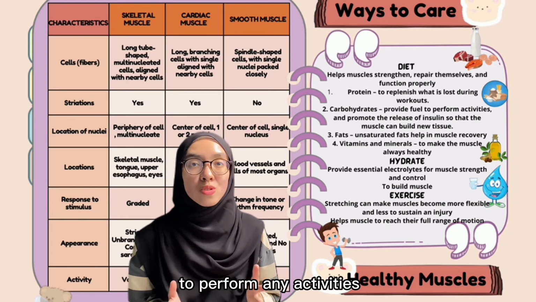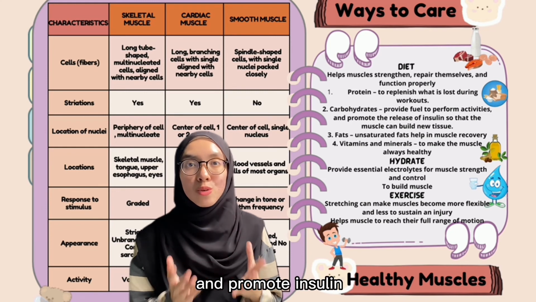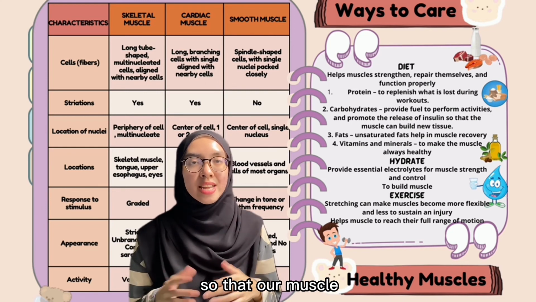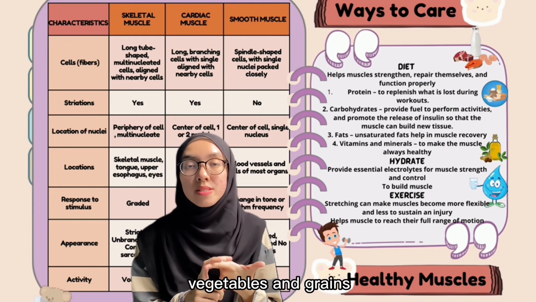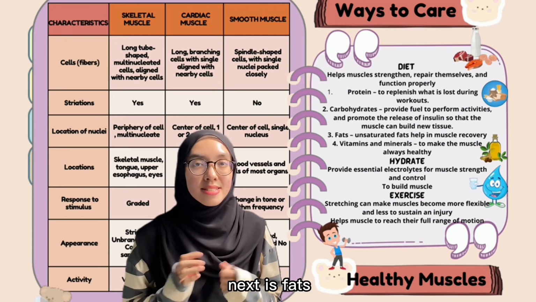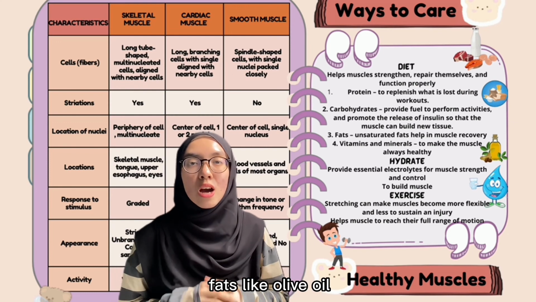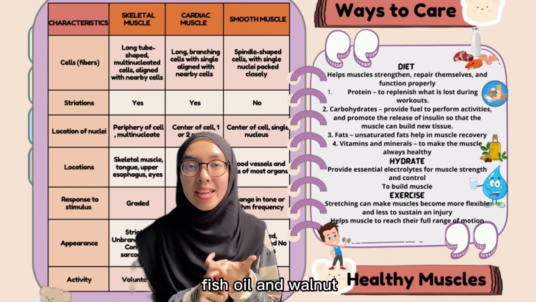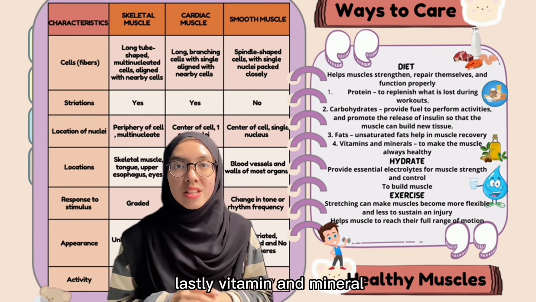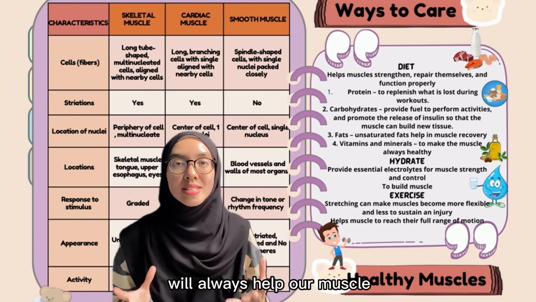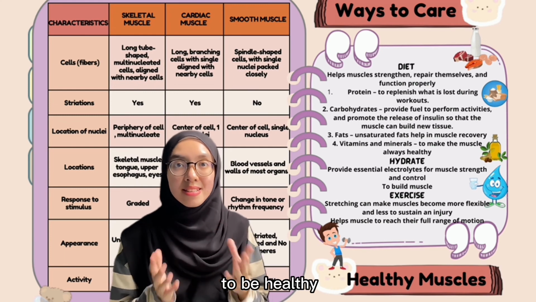Carbohydrate provides food to perform daily activities and promotes insulin to be released so that our muscle can be built. For instance, fruit, vegetables, and grains. Next is fats. Fats like olive oil, fish oil, and walnut will help in muscle recovery. Lastly, vitamins and minerals will always help our muscle to be healthy.